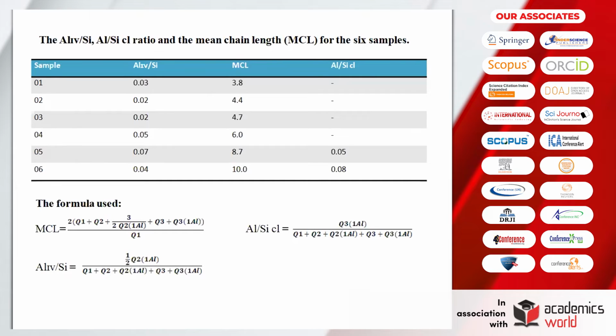This means that with an increase in the mean chain length, I have an increase in polymerization of the concrete and a much stronger concrete. Also, I have here the aluminum to silicium cross-linking. Passing from sample 05 to sample 06, I have an increase of this ratio. That shows that I have more linked chains in the concrete and a much stronger concrete.